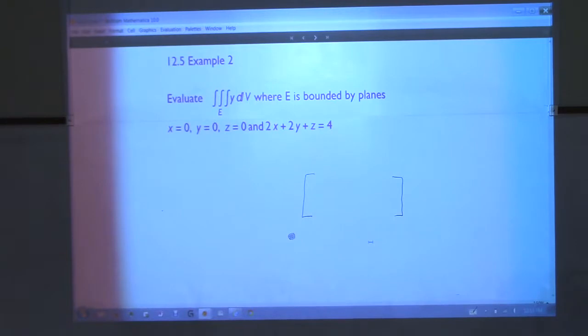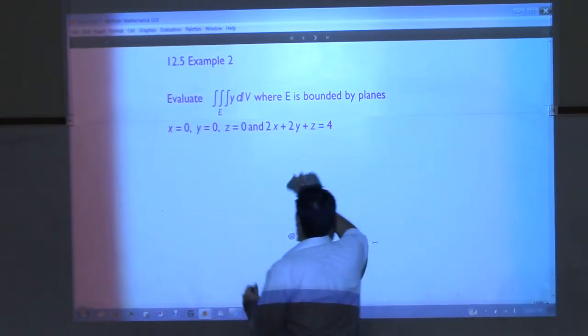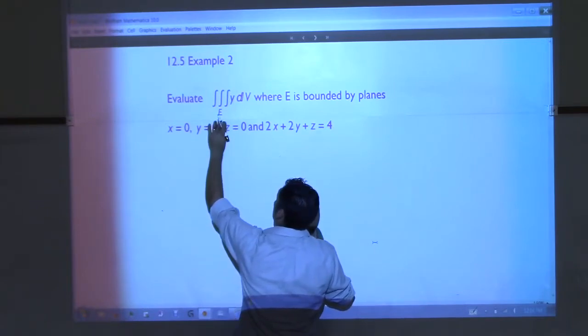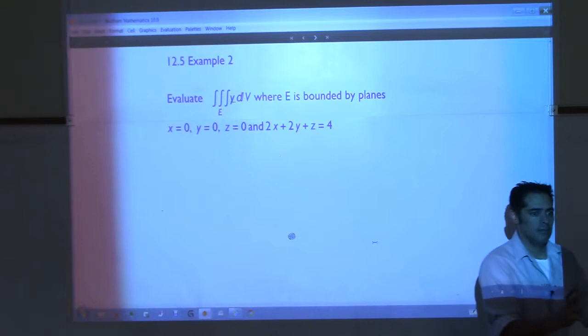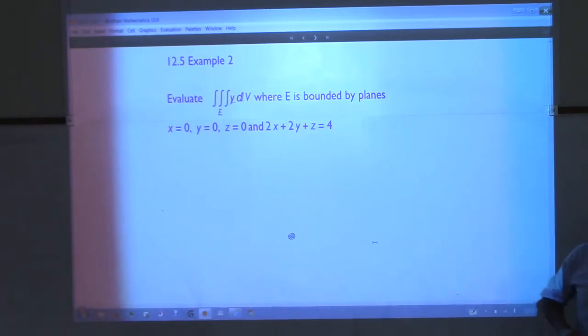So here's an example. Evaluate the triple integral over the solid E of y. So look at our function, very simple function, right? Just y. That's it. And we're doing that with respect to volume, where E is bounded by these planes.